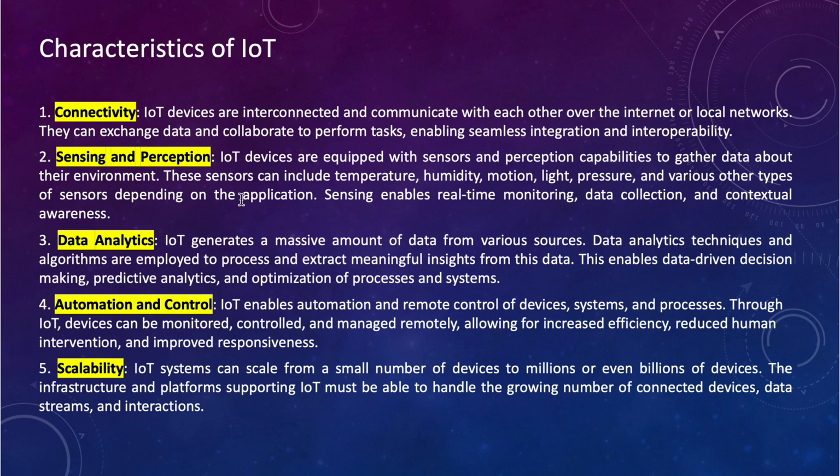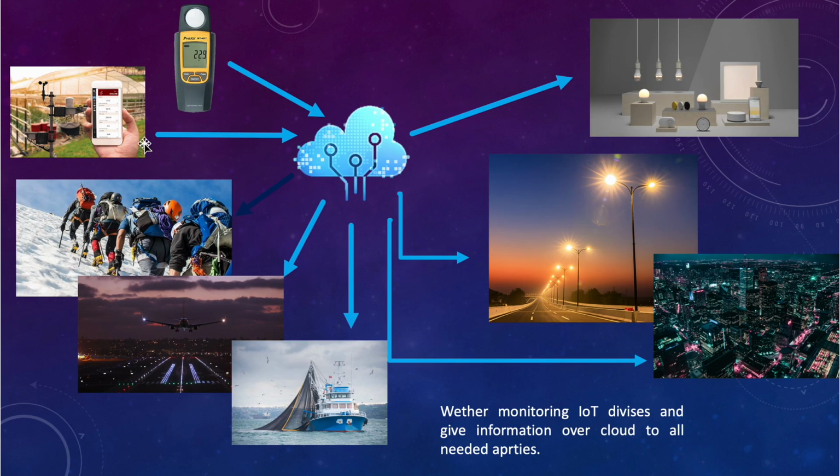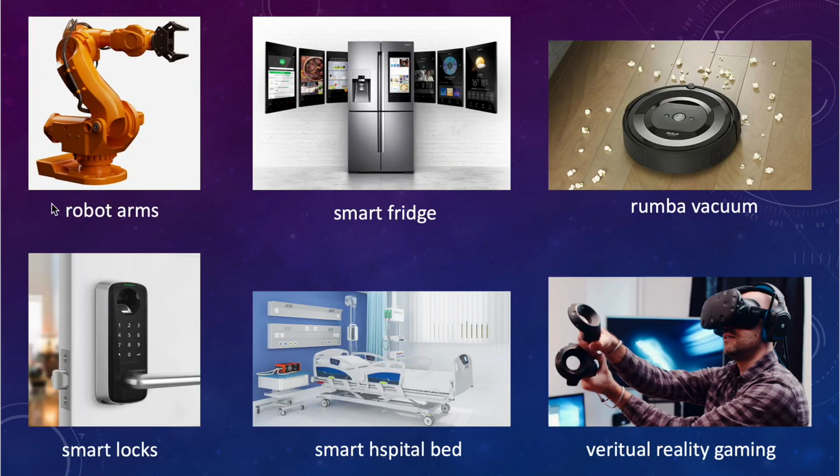Characteristics 1 and 2 definitely will be there, alongside the rest of the characteristics, depending on the situation. For example, real-time communication is needed for weather monitoring devices, but real-time communication would not be needed for a smart fridge, right?